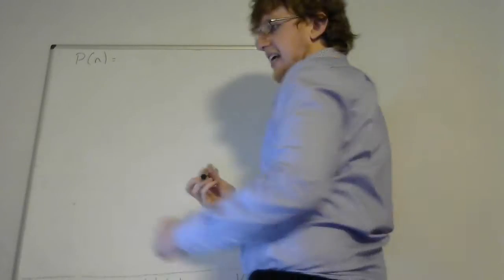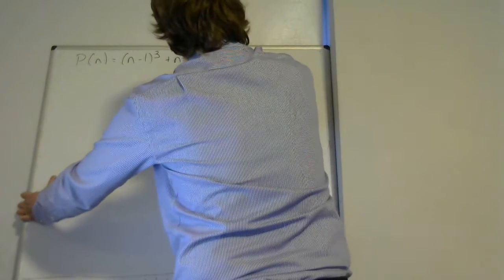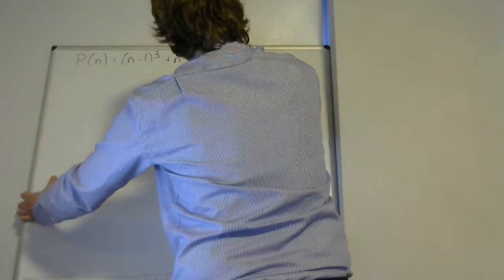So we're given a polynomial, p of n. P of n is (n minus 1) cubed plus n cubed plus (n plus 1) cubed.